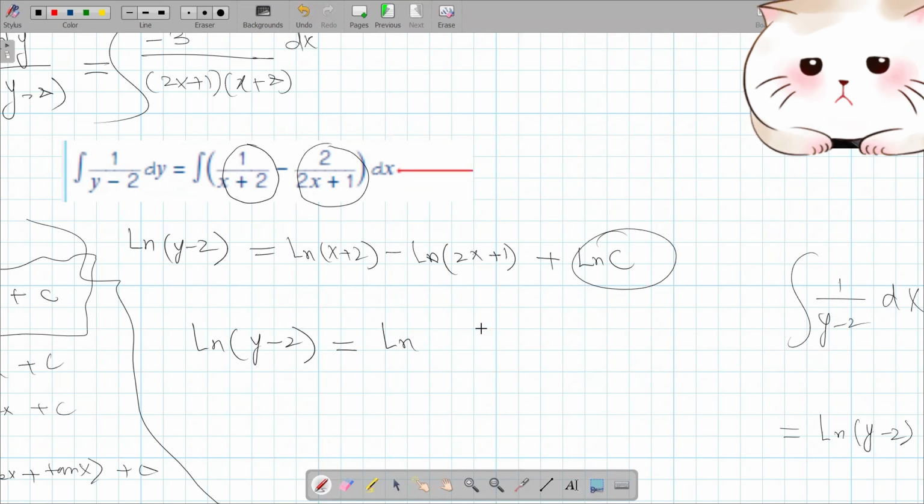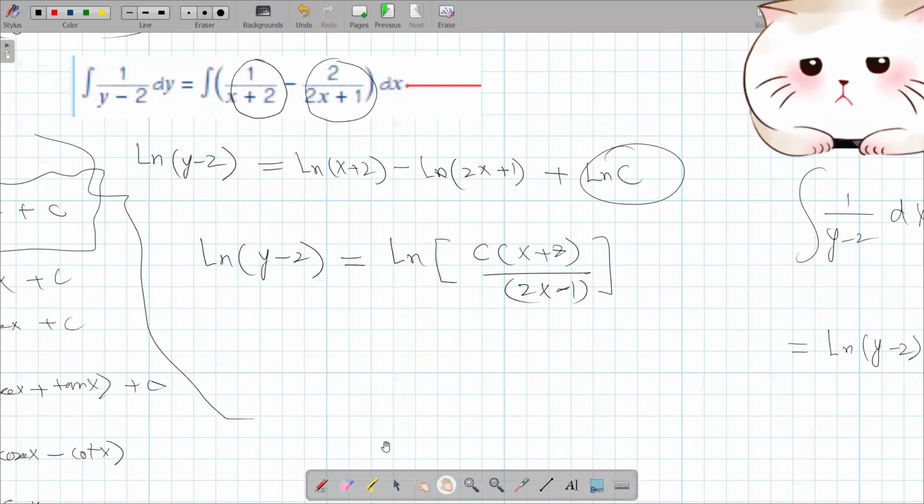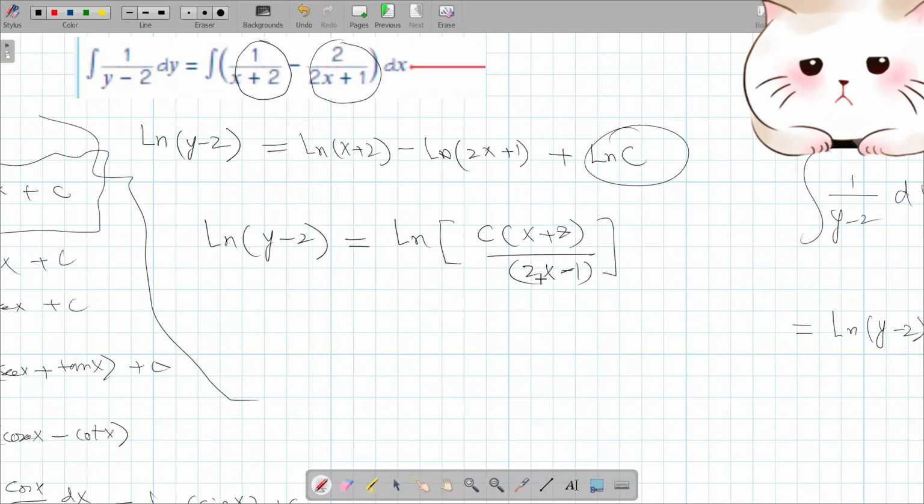I can write it as log of c times x plus 2 divided by 2x minus 1, because the second term is negative, so it will be in the denominator. So cancel this logarithm. We have y equals 2 plus c times x plus 2 divided by 2x minus 1.